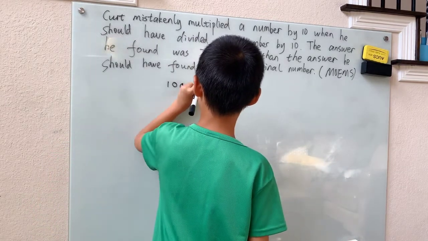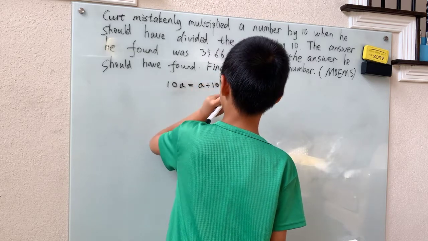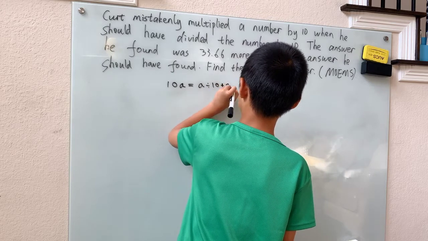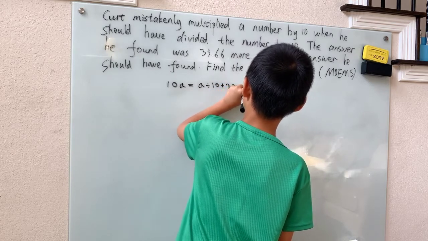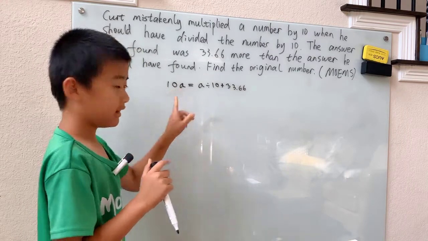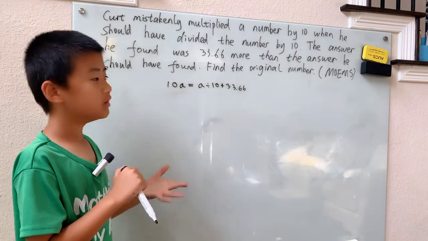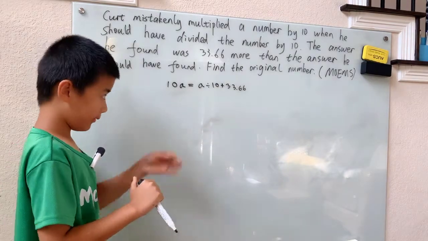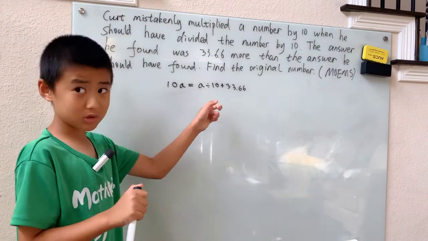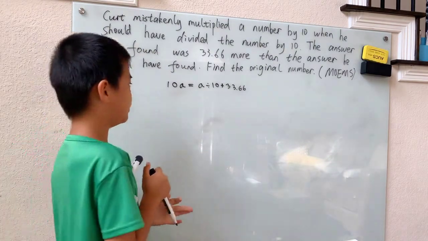And of course, you also just could have done it the other way around. You could have seen if this 10A is 33.66 more than A divided by 10, well, if we subtract off that extra 33.66, you do get A divided by 10. It's basically the same thing either way you do it.